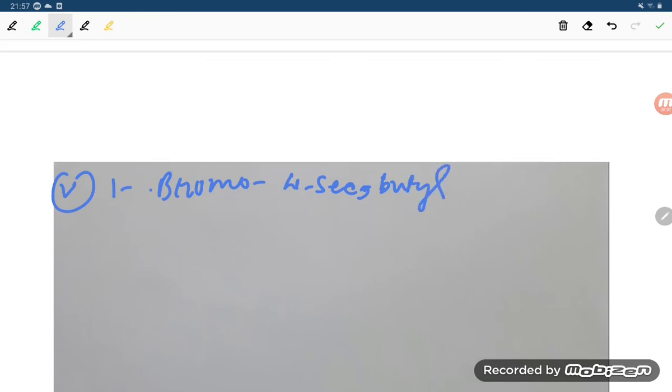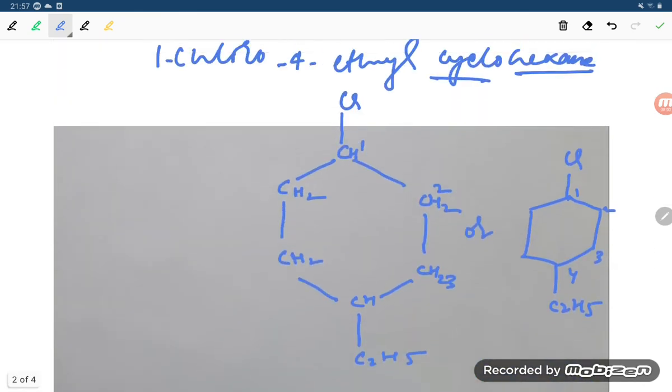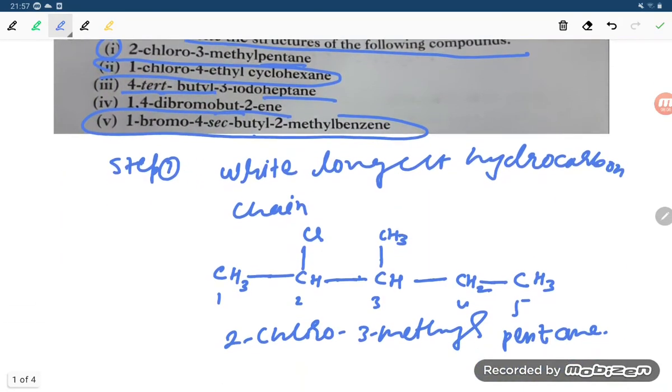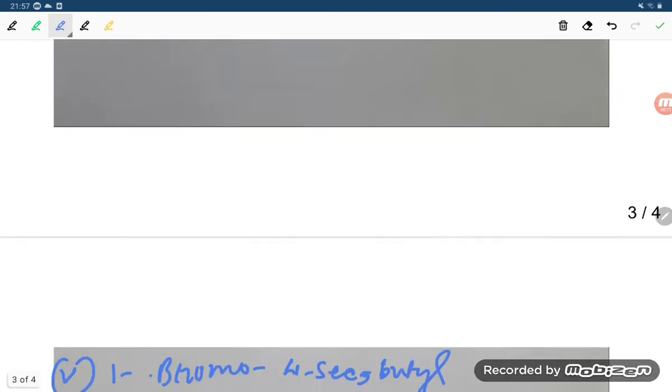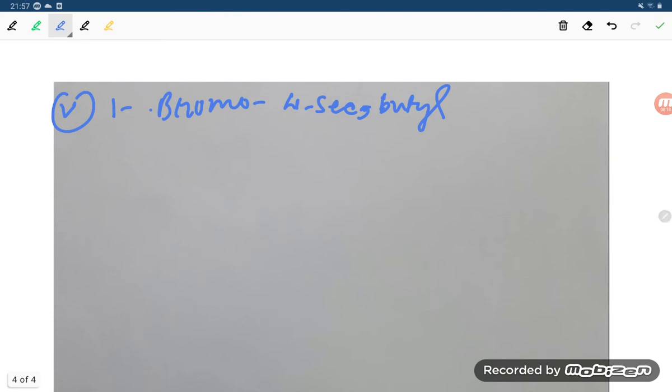They are saying 1-bromo, 4-secondary butyl. So what they have is 1-bromo-4-secondary butyl-2-methyl benzene. Here you come out with butyl, so 4-secondary butyl and then 2-methyl on benzene.